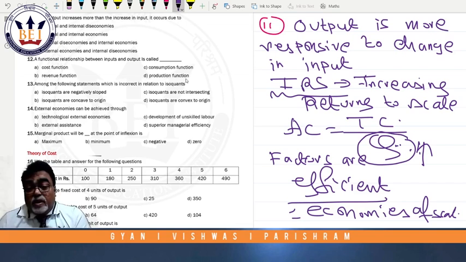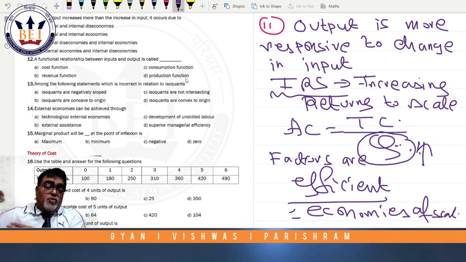There should be a point where an efficient manager becomes mismanagement. Technology becomes obsolete. Another term comes, diseconomies of scale. Economies of scale means average cost keeps on diminishing. Diseconomies of scale means average cost keeps on increasing. So either it may be within the firm or it may be outside the firm.